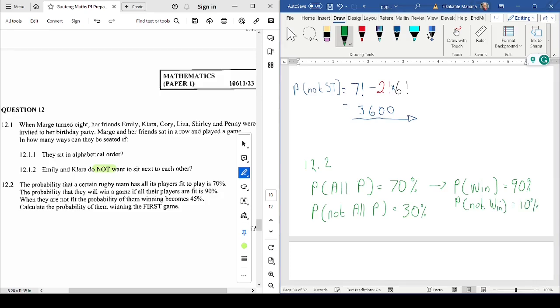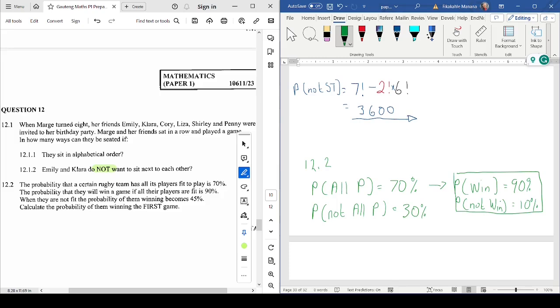I can do a tree diagram, but okay, this is for the condition of if all players are fit to play. But if they're not, let's see then the third one.